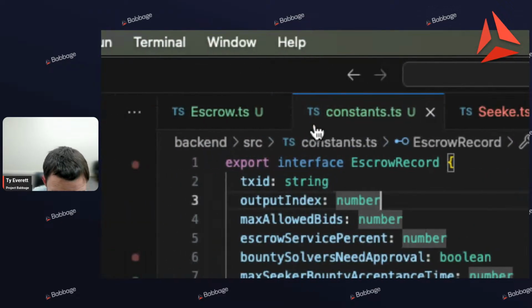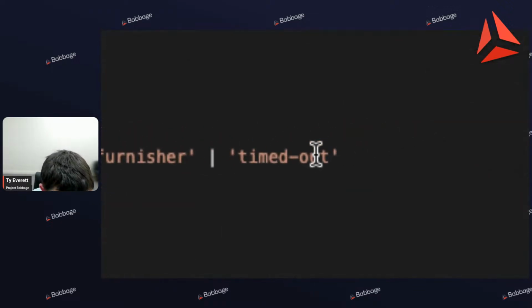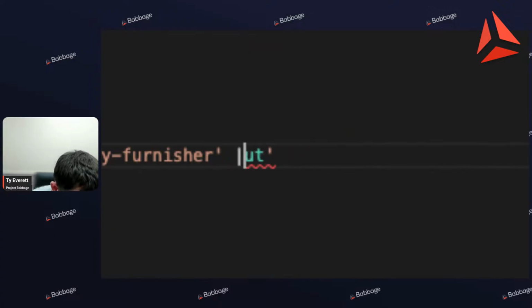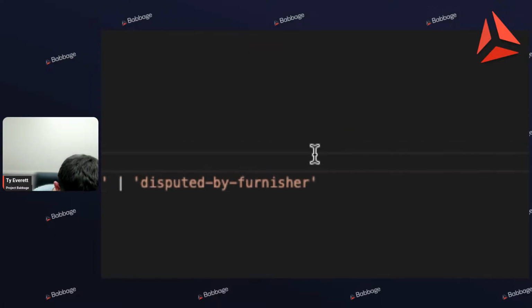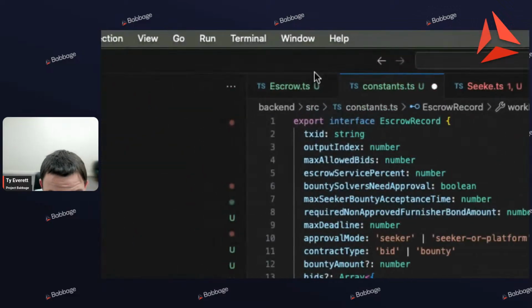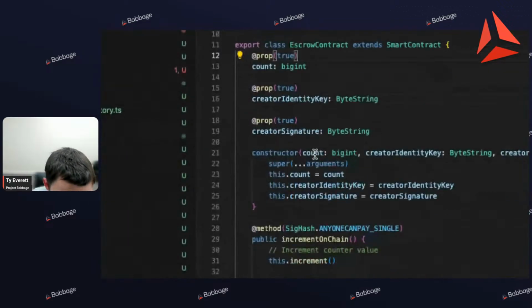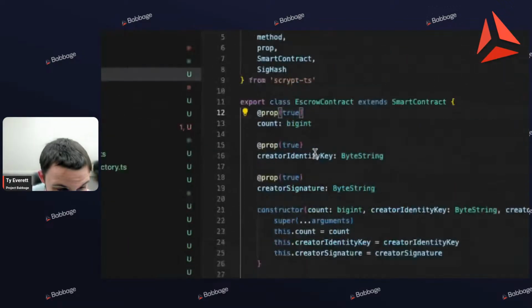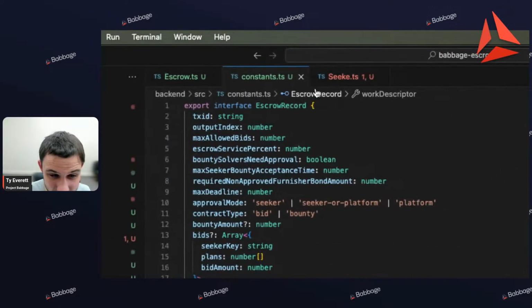I've got a few things in my mind here as I'm thinking about this and doing this stream and everything. I don't think we need a separate state for timed out because it's a form of dispute. Okay.